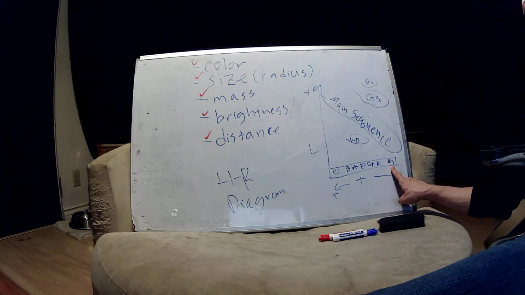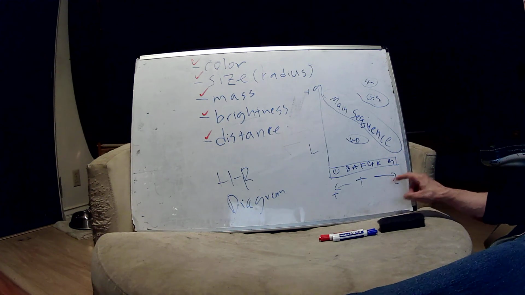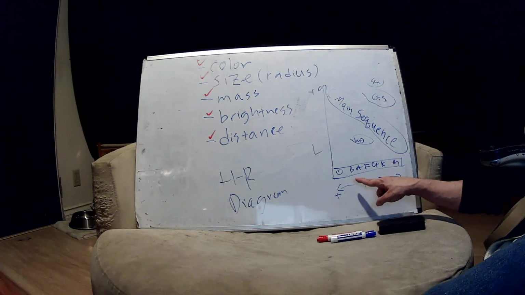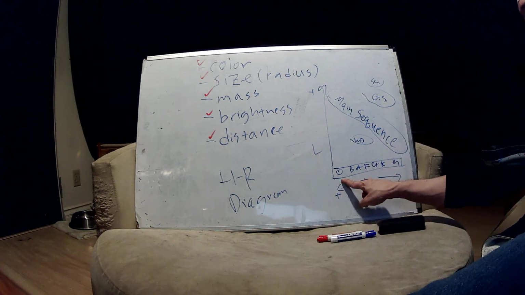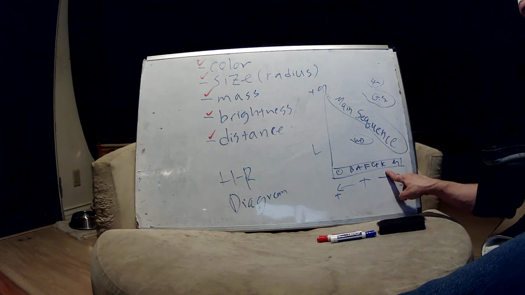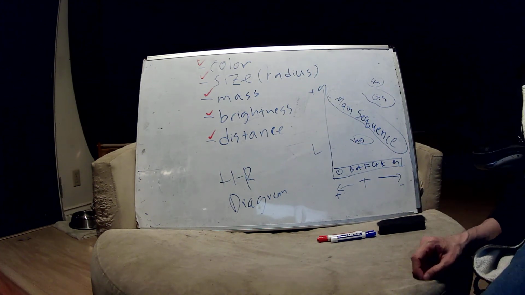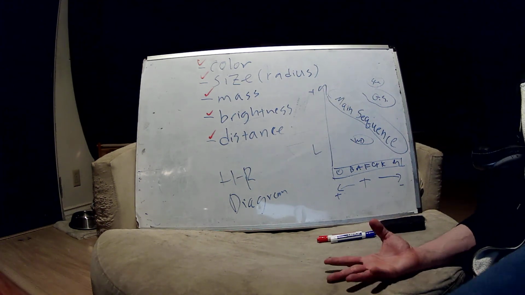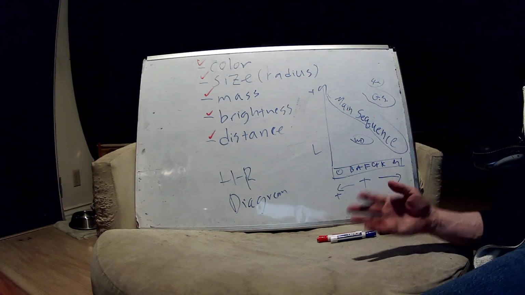So these are going to be at the end of the sequence. So I want you to come up with a mnemonic for remembering O, B, A, F, G, K, M. There will be an upload page for this, of course, and the funniest ones I will read off anonymously to the class.